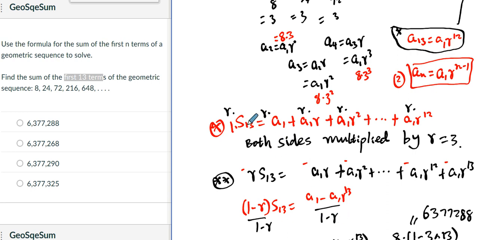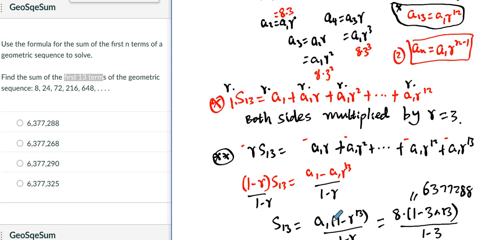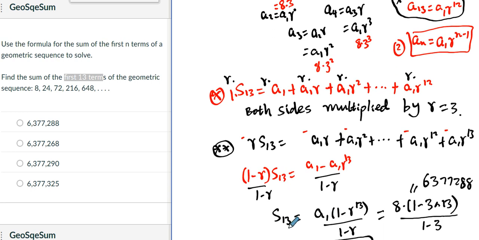By the way, here S13 subtract rS13, there is a 1 in front of S13. You pull S13 out, 1 minus r is left. So when you divide both sides by 1 minus r, you then have S13 left on the left, and those two will be cancelled.